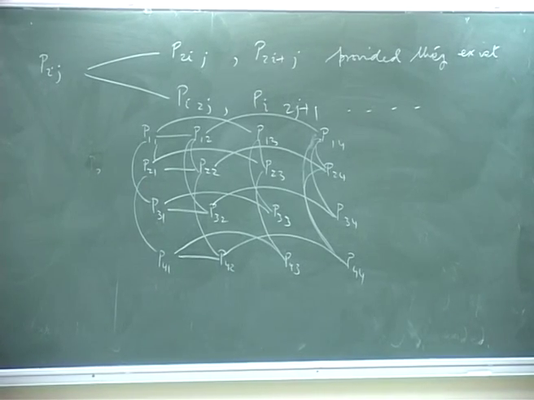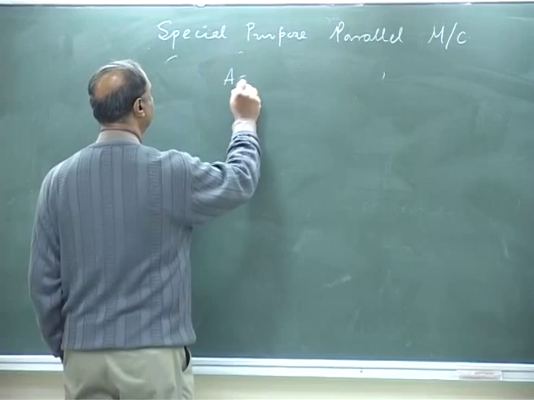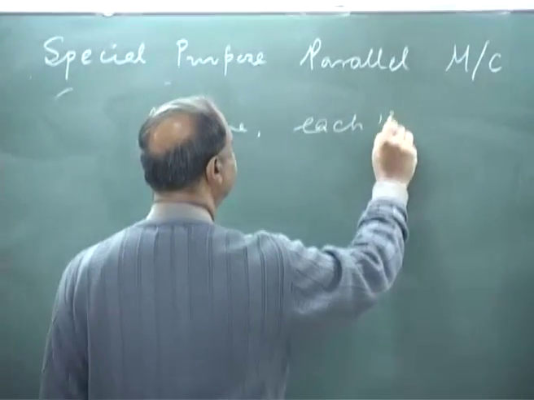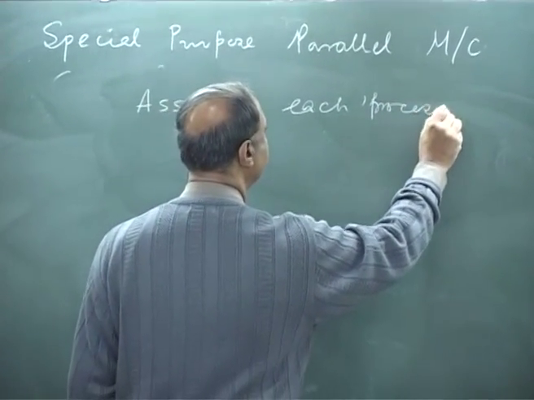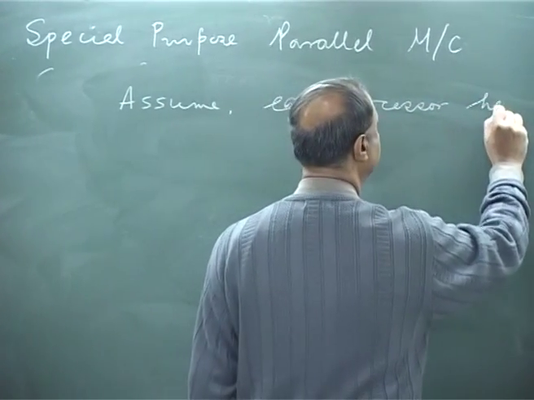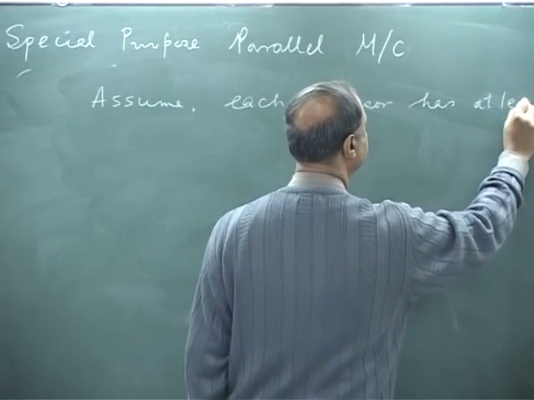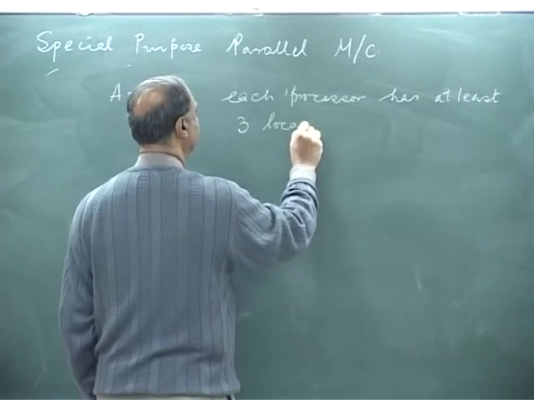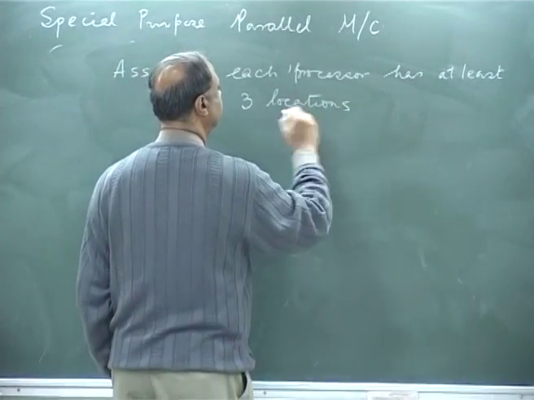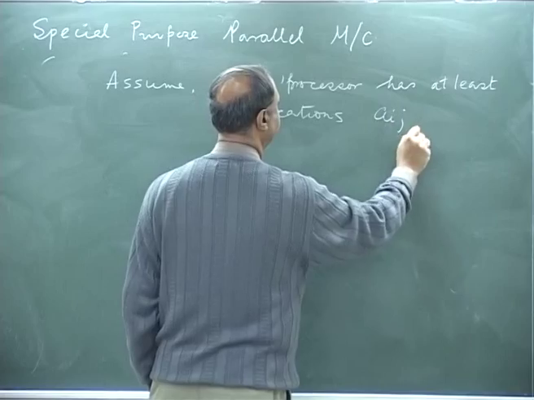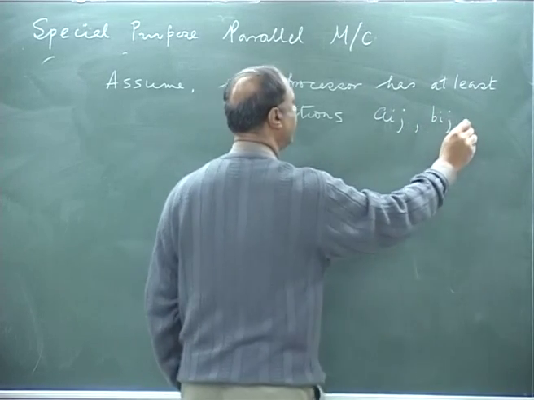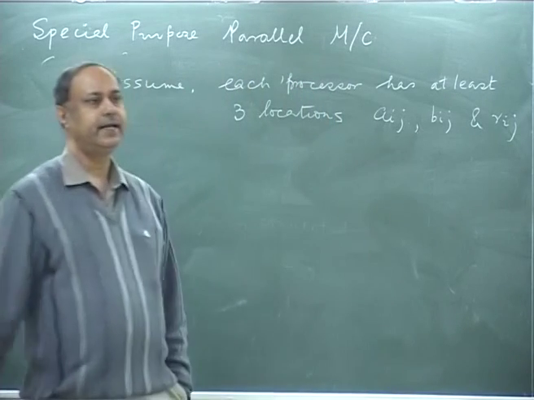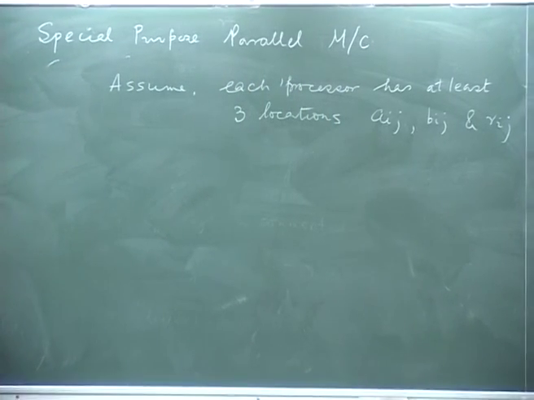Each processor is assumed to have at least 3 memory locations: Aij, Bij, and Rij.